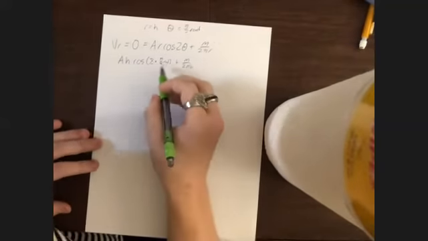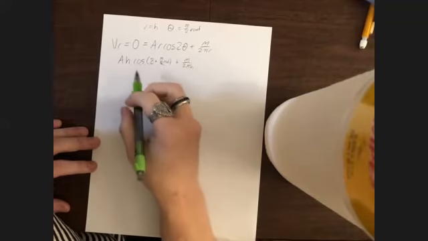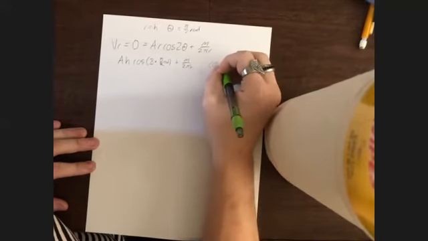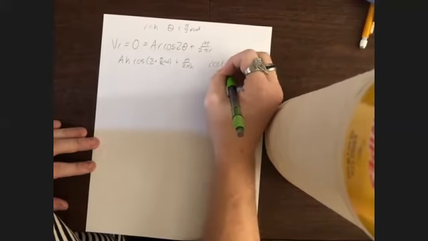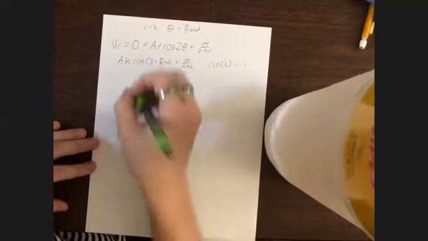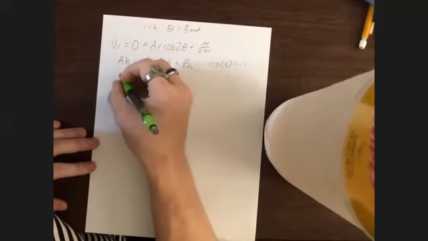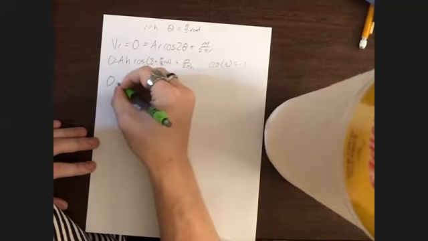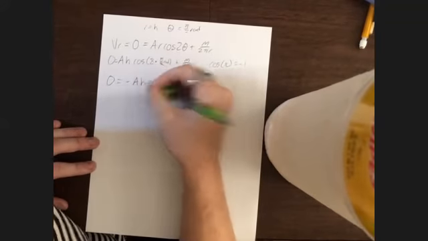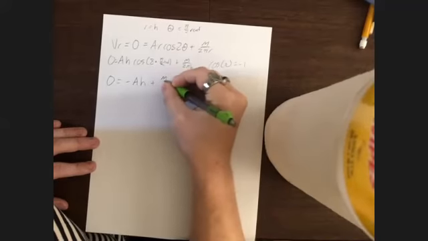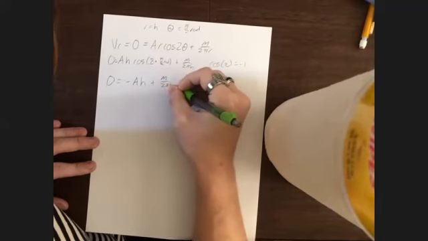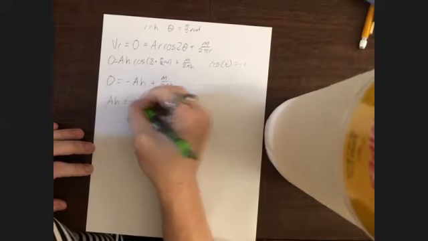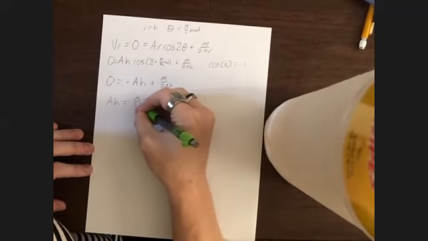You're left with cosine pi radians, which we know is -1. So we can simplify even further. Negative ah plus m over 2 pi h. So I'm going to move ah to the other side.